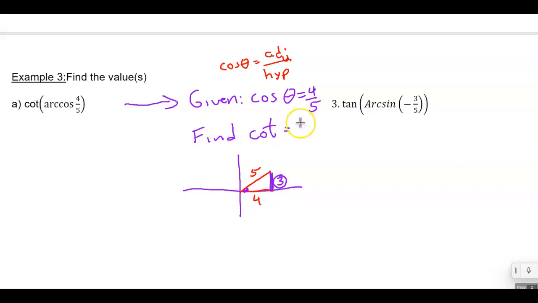It's run over rise, right? Or some like to think about, instead of that, cosine over sine. That means the same exact thing, right? So it's a little bit easier, and we can say, well, the run is 4. The rise is 3, so I can say that this equals 4 over 3.